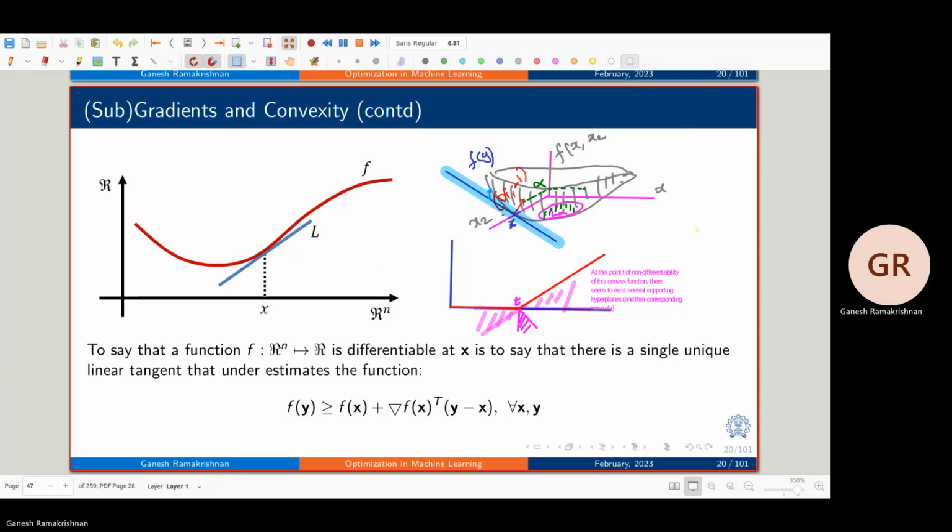So the ones in pink, okay, let me use the pink. These are the subgradients. If you can draw this picture, it will be helpful. Right? This cone. This is a subgradient. And the ones in pink, these are the supporting hyperplanes. Okay, so I'll try and use the same color here.